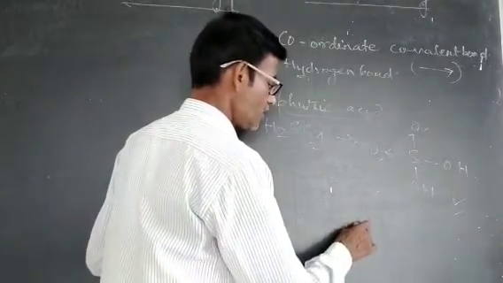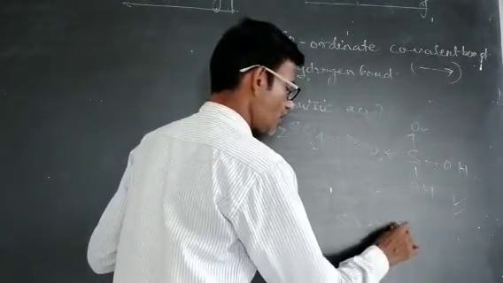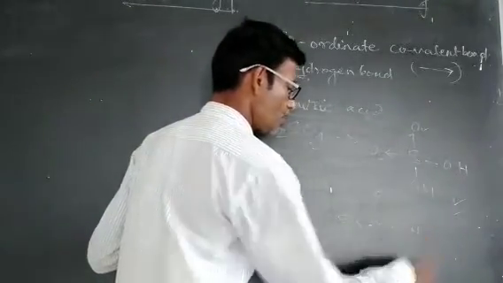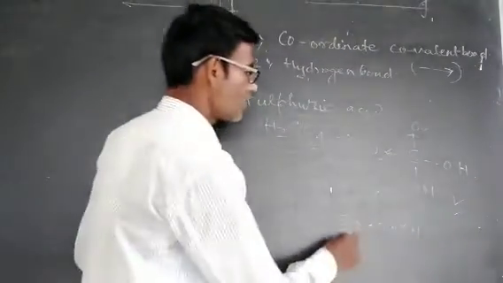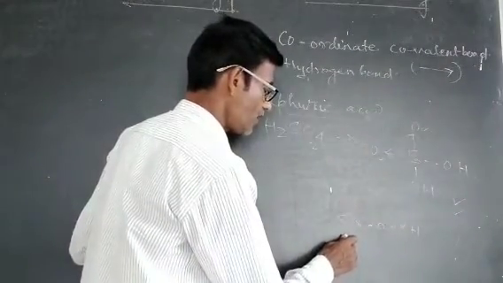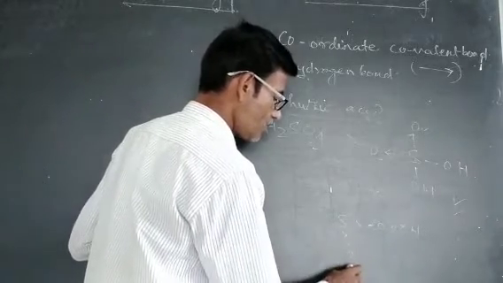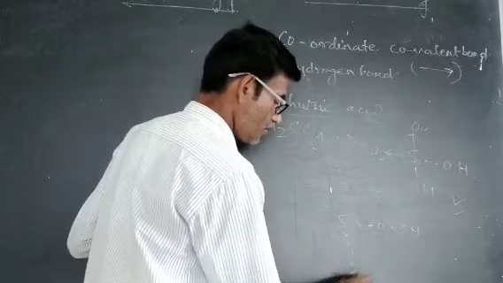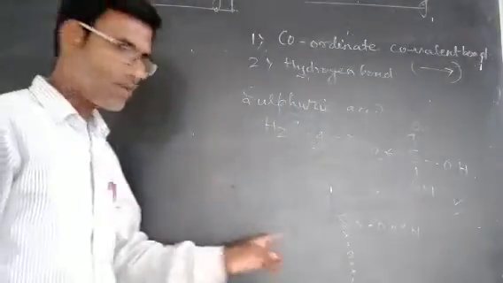Sulfur shares one electron with oxygen. This oxygen atom shares one electron with hydrogen atom. Another oxygen atom also forms a single covalent bond with sulfur and also a single covalent bond with hydrogen.